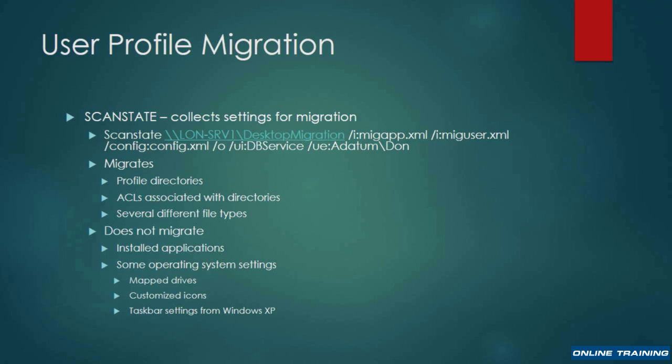Customized icons, if anybody's even taken the time to do that, don't get migrated. Taskbar settings from XP, but that's kind of old news. We don't necessarily care about that anymore. And you might find a few other things in the help documents, but they are little random things that don't get migrated. The vast majority of the information is going to be migrated.